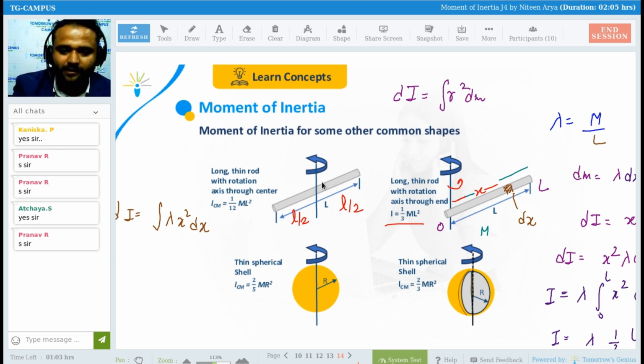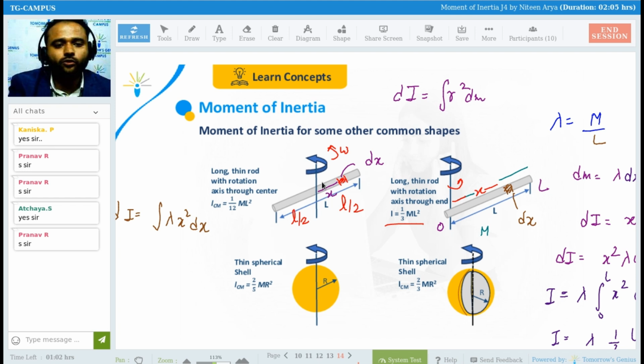Because I choose this rod of length L and it is going to rotate in this way with omega. The moment I change my axis, everything changes. Again the same thing I can do: this is the small dx element, and this is the x from the axis of rotation.